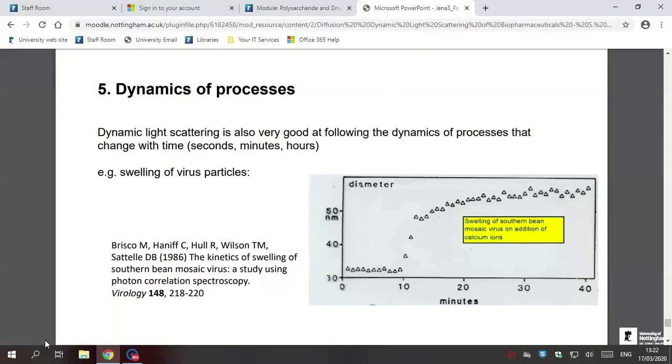So with that, I'll finish and hand over, after a break, to Mary Phillips-Jones, who'll be talking about another important technique, which is circular dichroism.